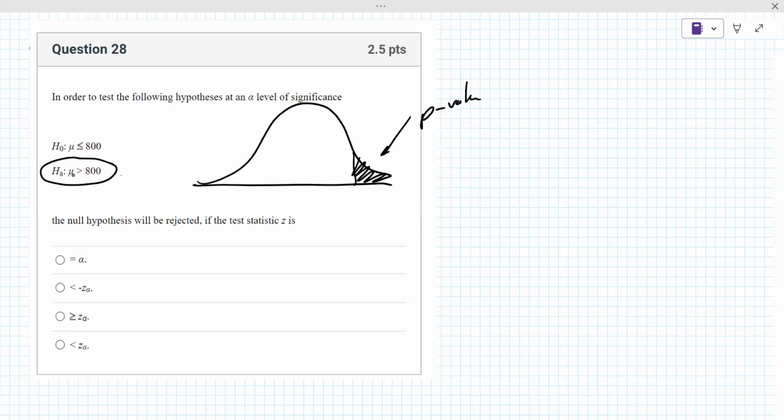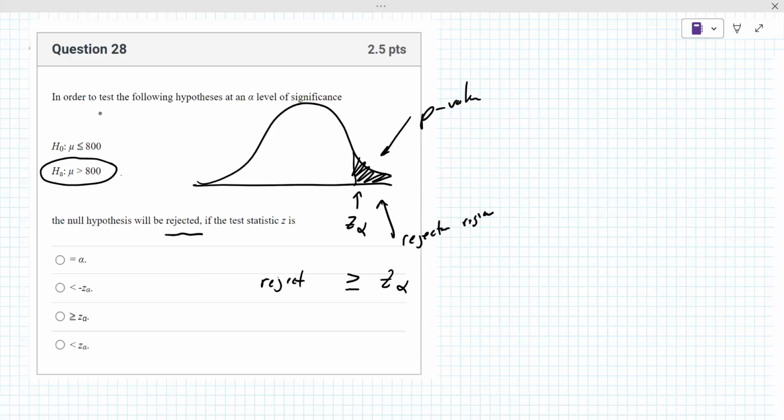That p-value is associated with a z alpha level, and we're interested in rejecting. So you reject if it's greater than or equal to the z alpha level. So if you get a z value over here in the rejection region, you're in good shape.